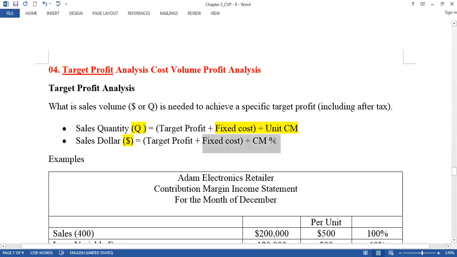Again, this is the equilibrium break even, then we add our target profit. So do you understand the formula? Target profit formula: first, break even plus target profit, right? So the formula is target profit plus fixed cost divided by unit CM for units, and CM percentage for the sales dollar. Now look at this question.